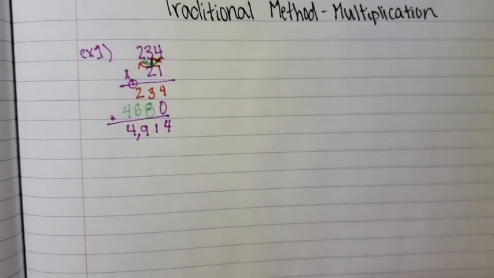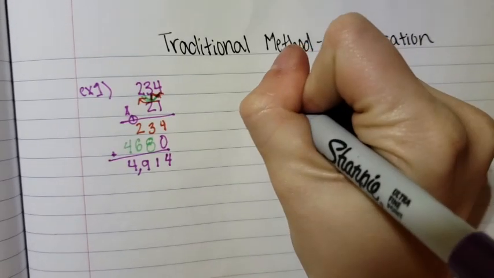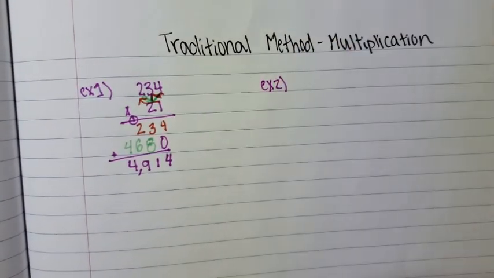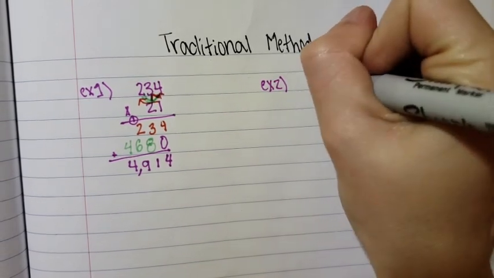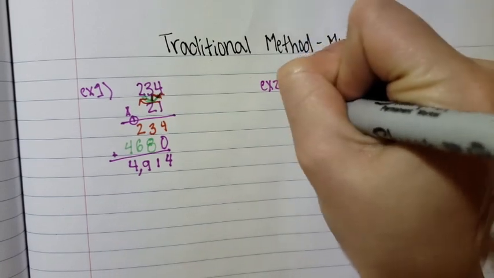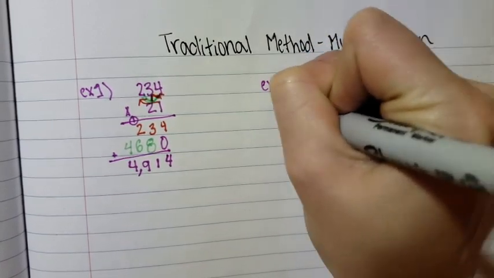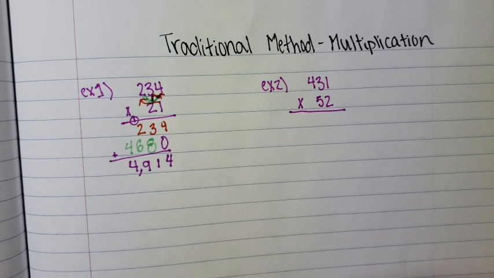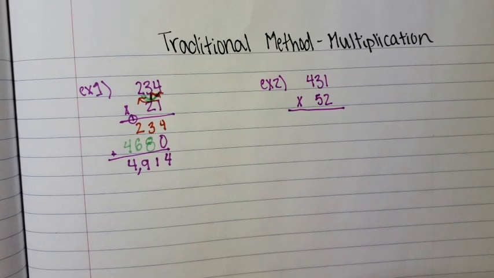Okay, so we're going to go on to example 2. Example 2 that we are going to do is 431 times 52. I'm going to use two different colors. I'll probably use the orange and a blue so you guys are able to see it more than the green.